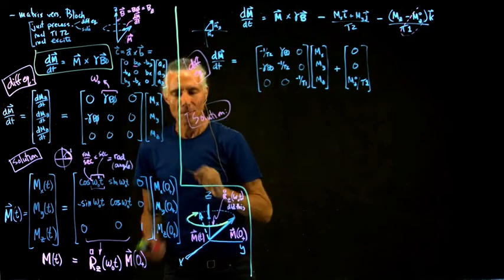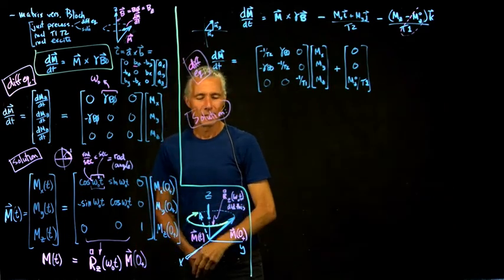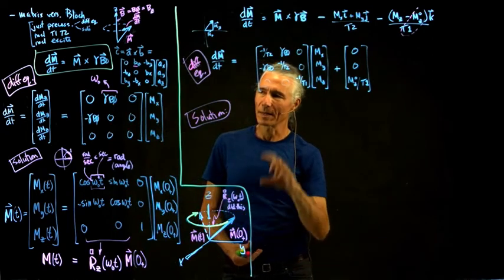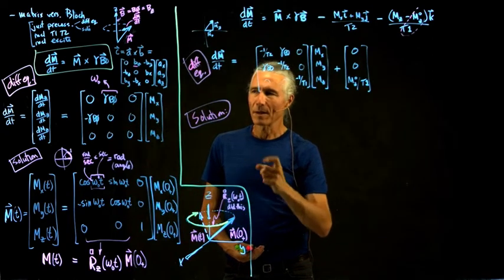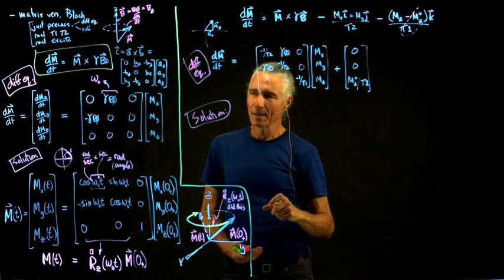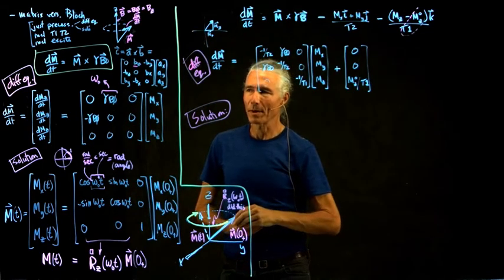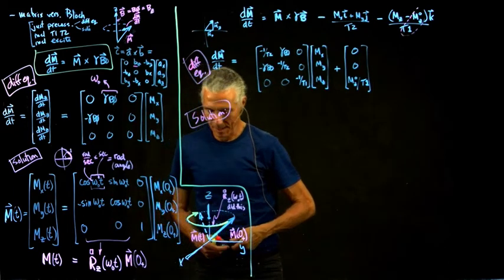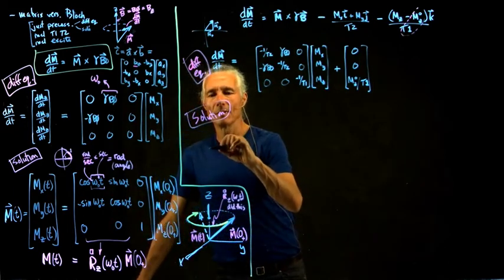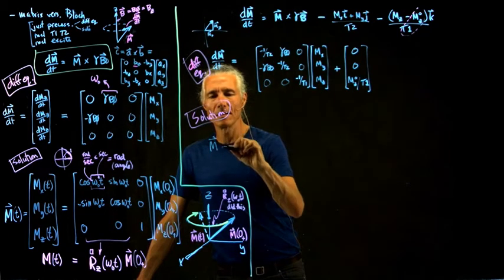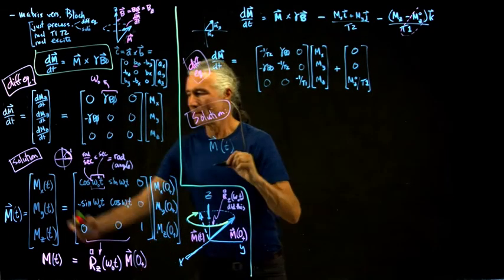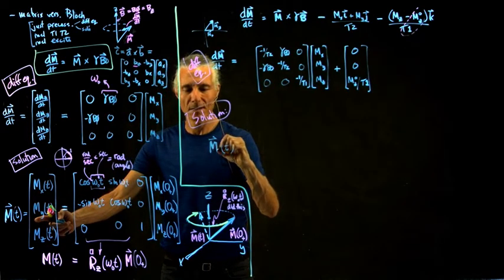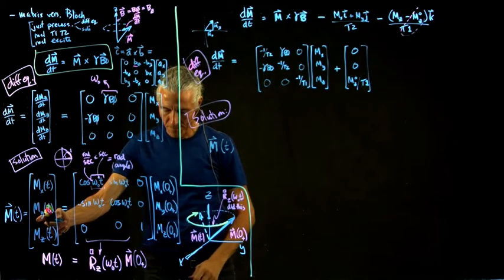Now we have an all-in-one solution that includes the precession plus T1 plus T2, so we can calculate the length and direction of the m vector at any arbitrary point later in time. So here's M of t. I won't spread it out into its components. We'll just assume it's like the other side.